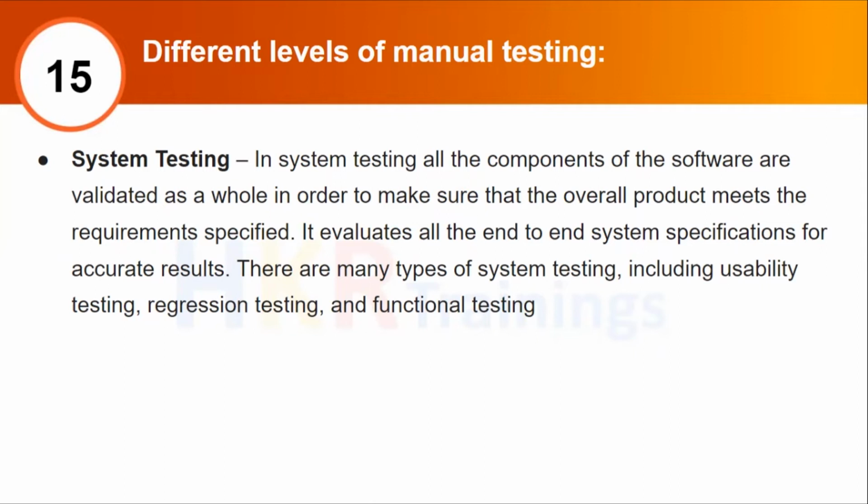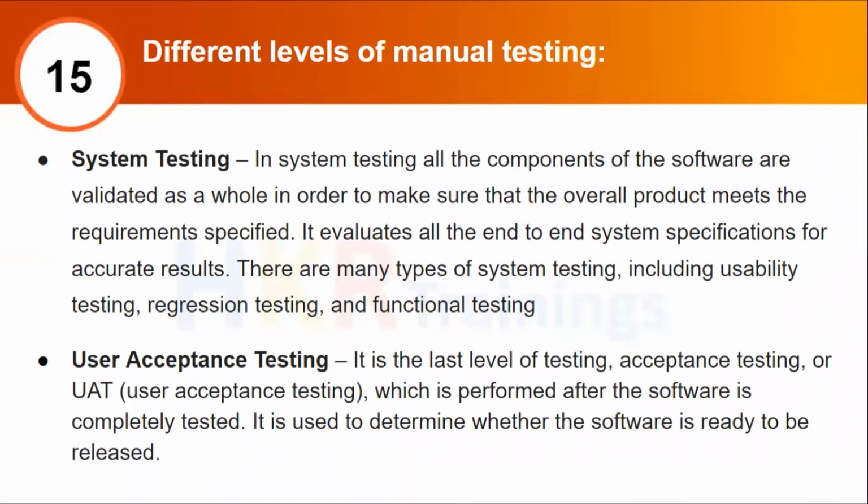Security testing also comes under this: whether an unauthorized user is able to log into the system. If an unauthorized user is able to log in, that is not correct, right? So security testing and usability testing all come under system testing.